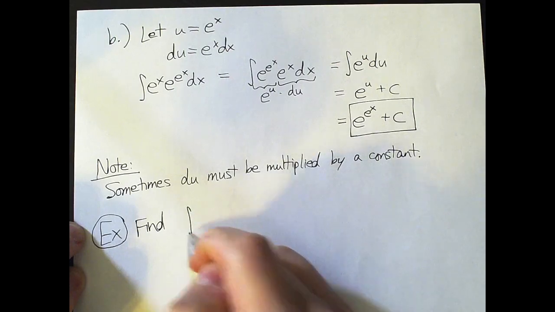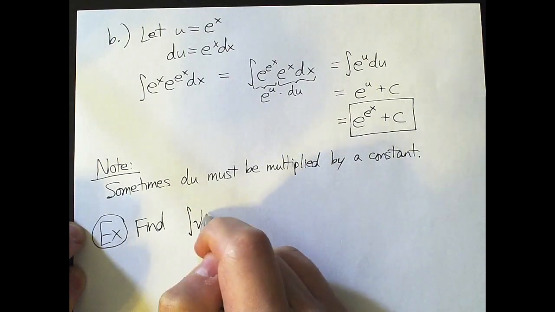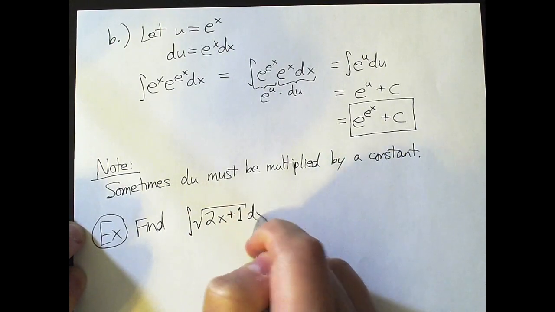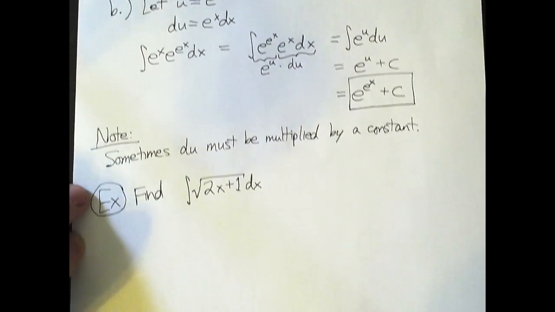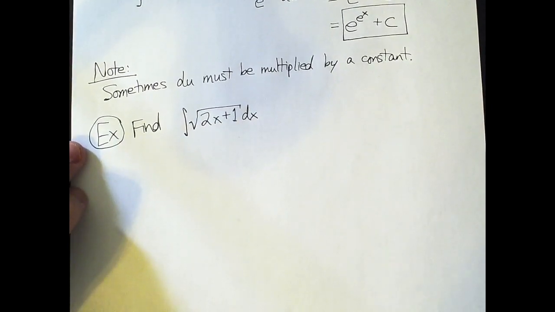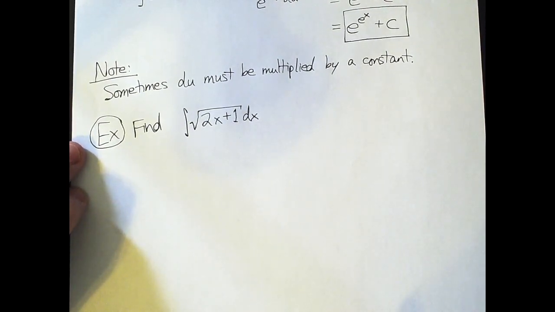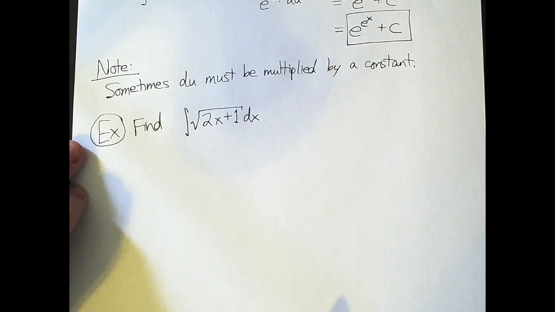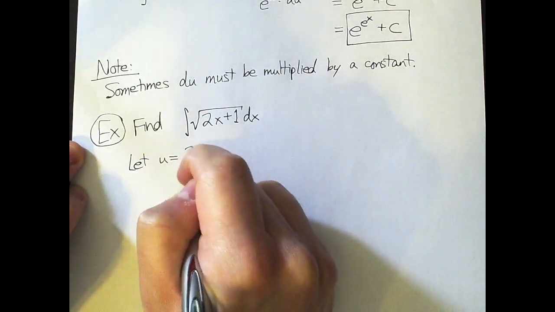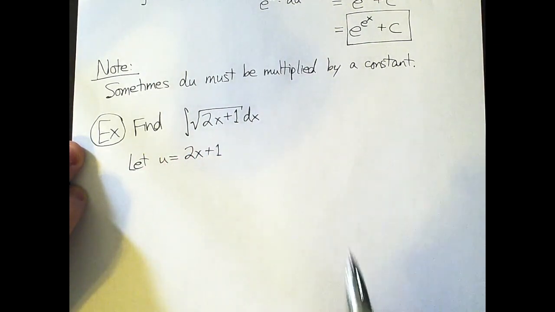This is going to be another substitution rule problem. All right. What do I mean? Sometimes du must be multiplied by a constant. Well, let's look at this and say I can't really do this using methods from the previous lessons. So we'll try the substitution rule, and we should let u equal the inner function, 2x plus 1.